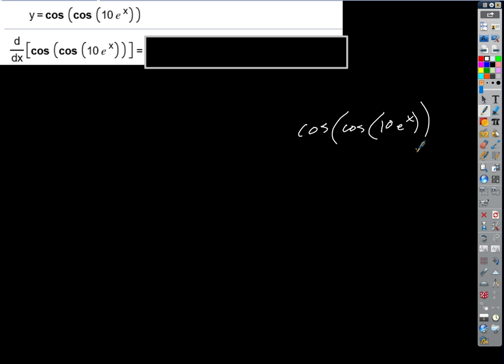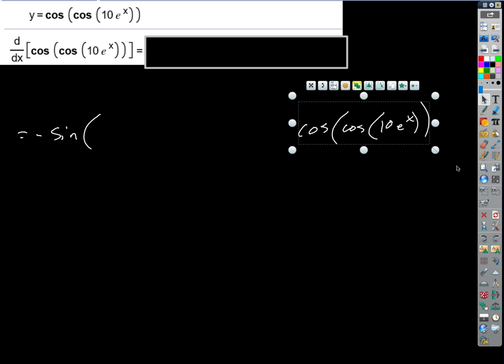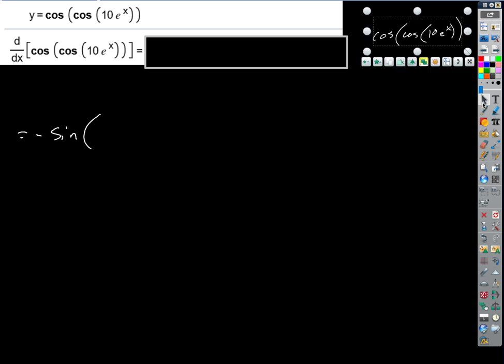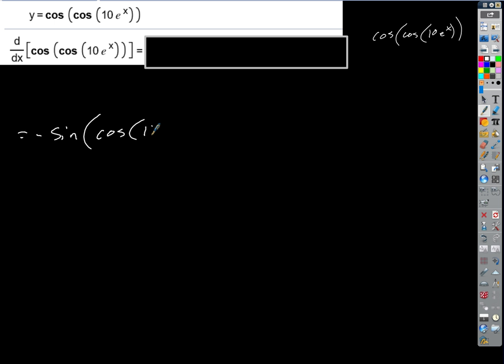And so the first layer is going to be the derivative of cosine of something, which is negative sine of that something. So negative sine of 10 e to the x. Next layer, what's that going to be?